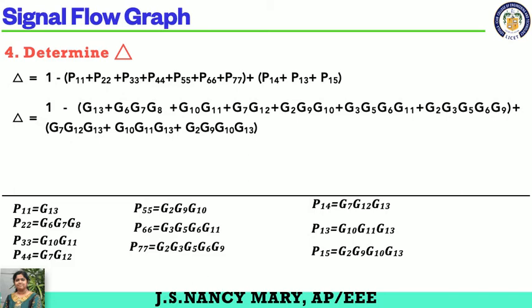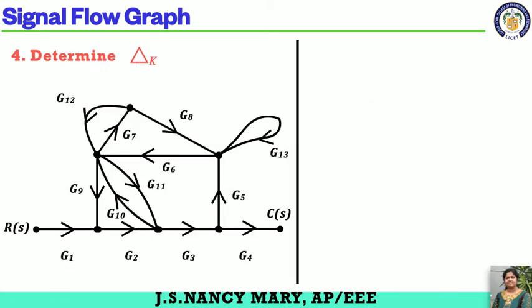Now we have to find del K. In del K, we will be finding only del 1, as we are having only one forward path. For this forward path, we have to check which loops are not touching that path.